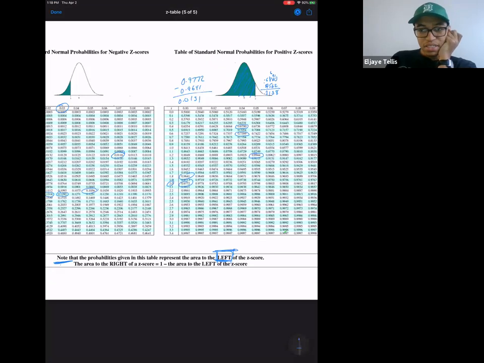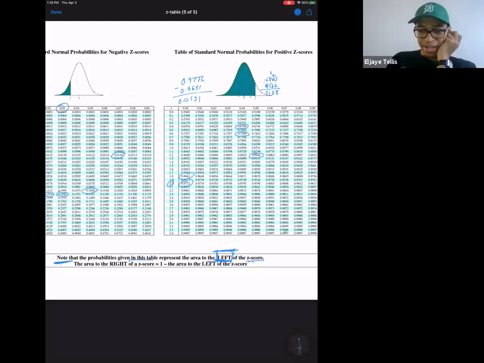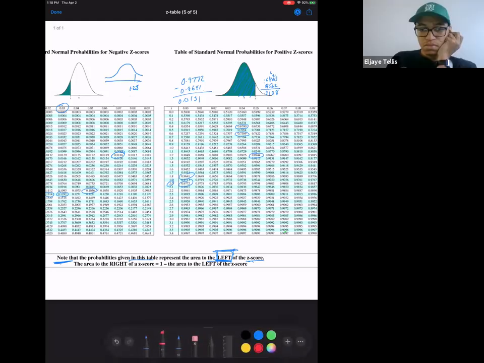The probabilities given in this table represent the area to the left of the z-score. Okay? And so if you look at the picture they had, the picture was this one. The 1.25 is right here, correct? Well, to the left of 1.25 is this area here.